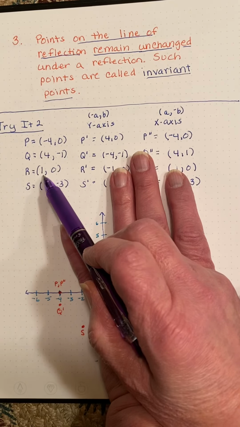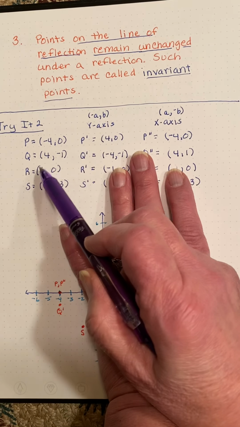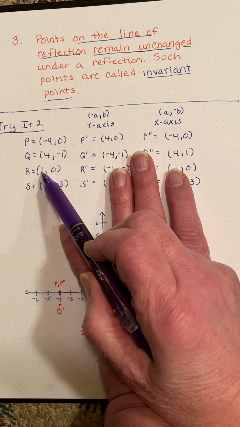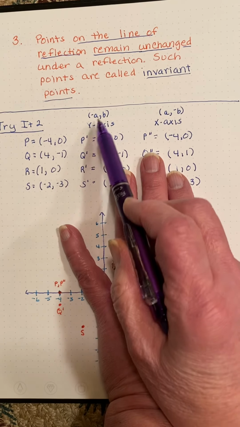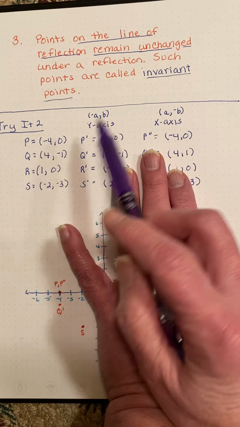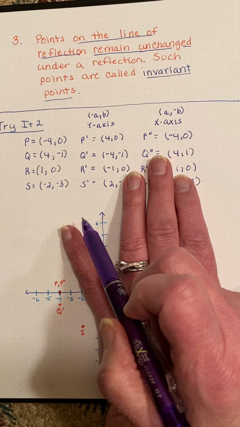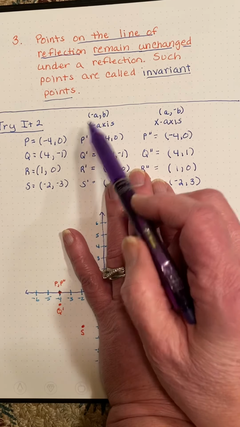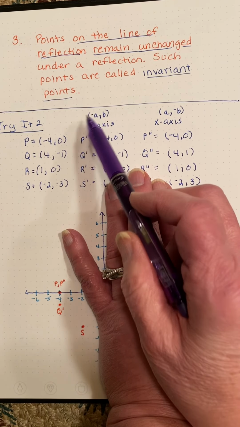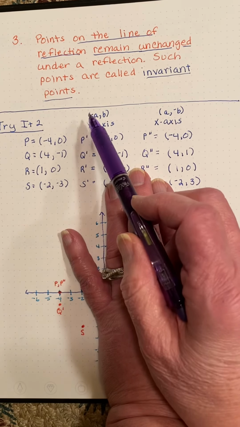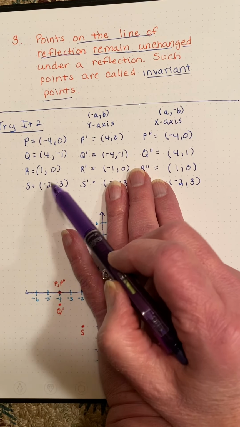So here I have 1, 0. Well, if I'm going to put a negative with that positive 1, it becomes negative 1. If I put a positive with 0, nothing happens to that 0. It's just 0. With the S, I have a negative with a negative 2. So a negative and a negative turn that into positive 2.